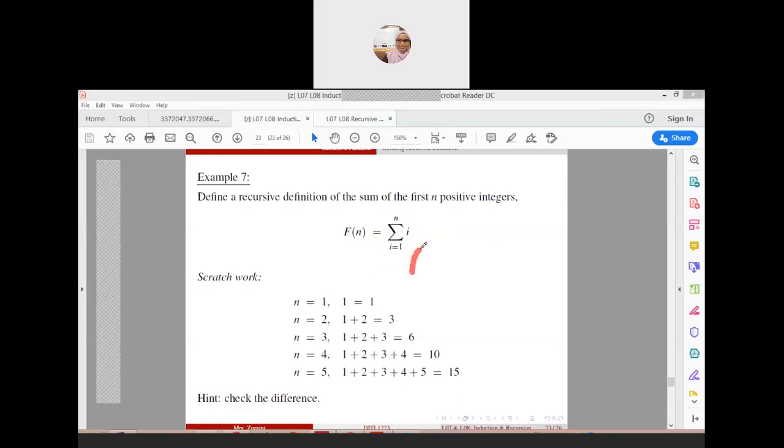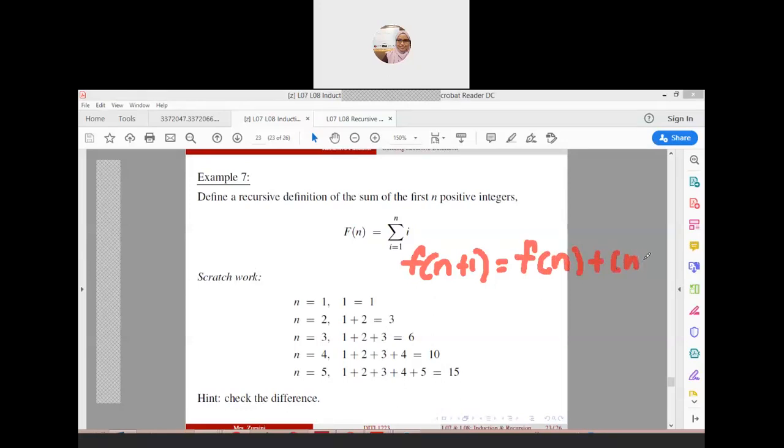recursive function dia ialah F(n+1) sama dengan F(n), dia punya previous value, tambah n tambah 1. So 3 tolak 1 ialah 2 kan.